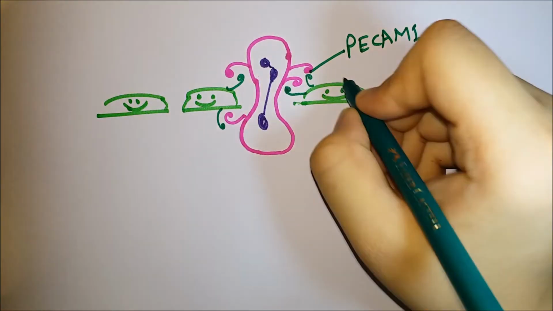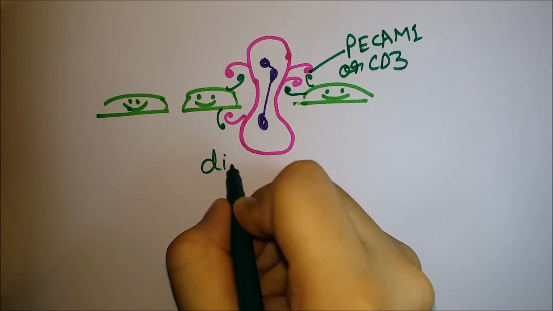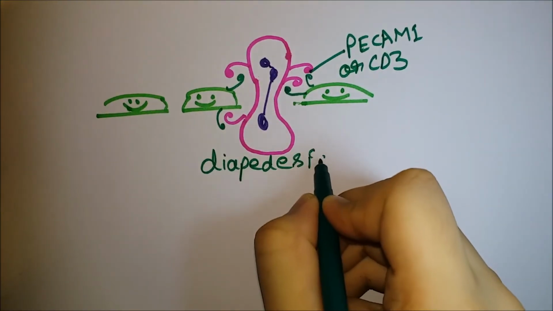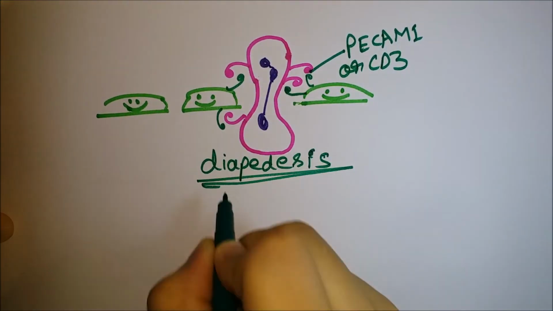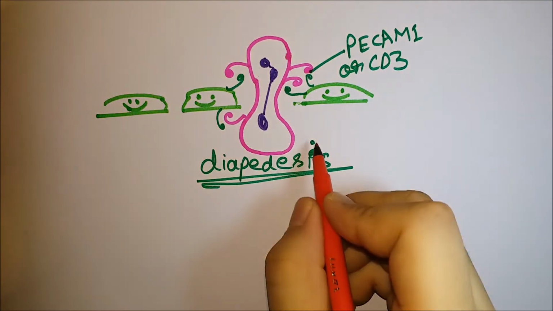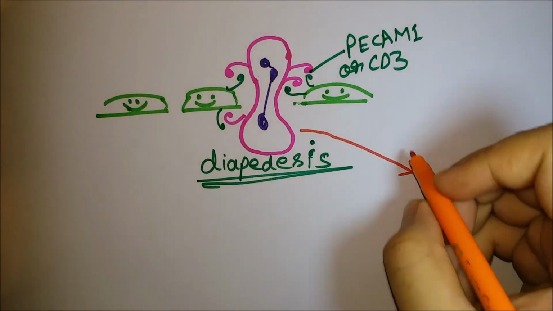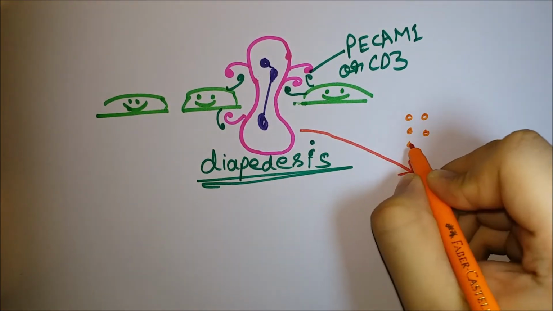PECAM stands for platelet endothelial cell adhesion molecule. This process is called diapedesis, in which slowly the neutrophils will leak out through the interendothelial spaces with the help of interactions between the PECAM1 molecules on neutrophils and endothelial cells.